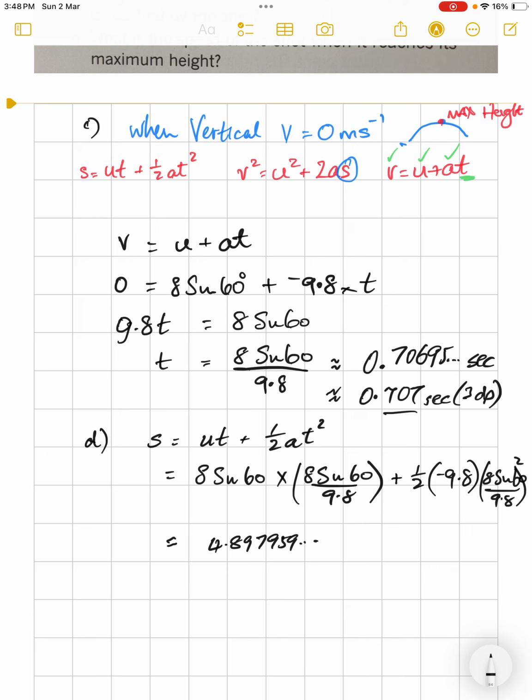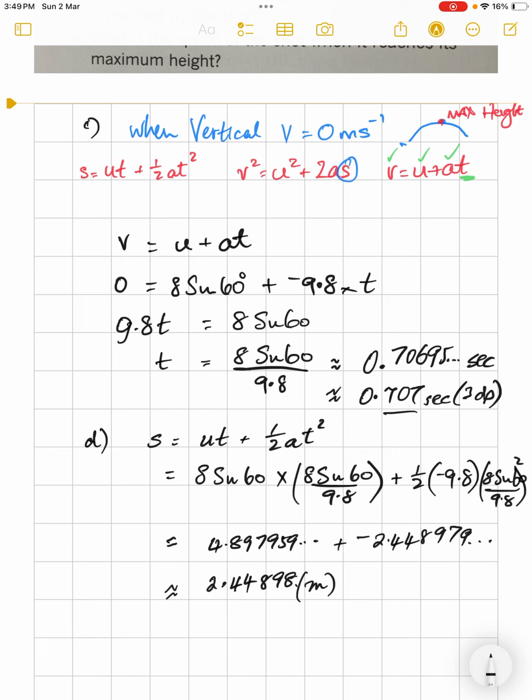So that's a negative 2.4489795, and let's add 4.897959, and we get 2 point, there's a plane going overhead making a noise, approximately meters.